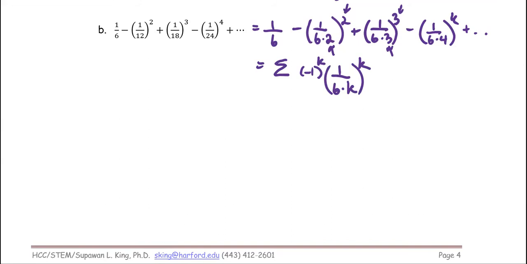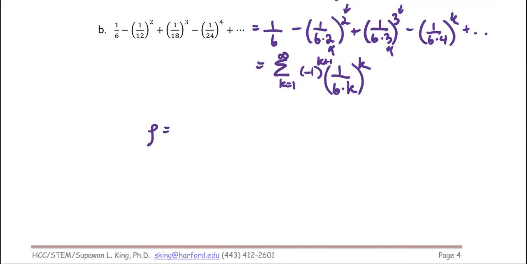For k equals 1, the term is positive, so the negative one has to be raised to the power k plus 1, for the index k equals 1 to infinity. As we see this series in general form, we're going to find the rho, which is the limit of the k-th root of the absolute value of the a_k term, by using the root test.